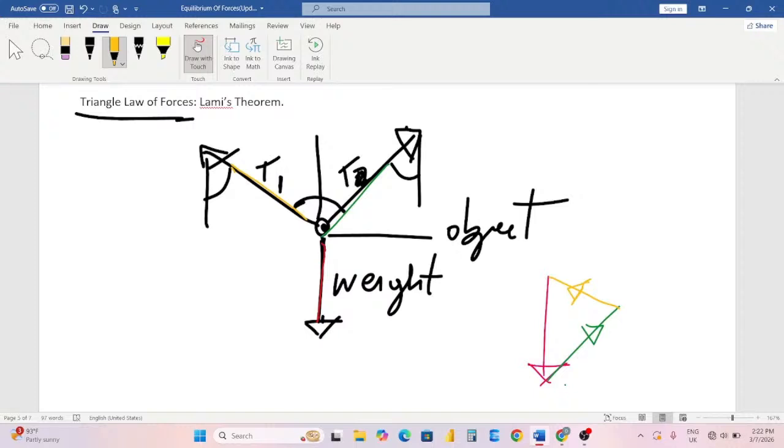And then you fill up the shape with the angles that the forces make with themselves, and they also make with the object.